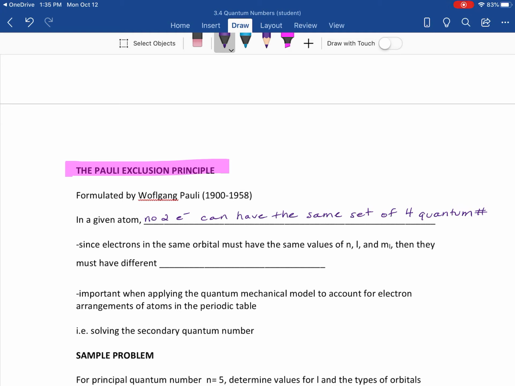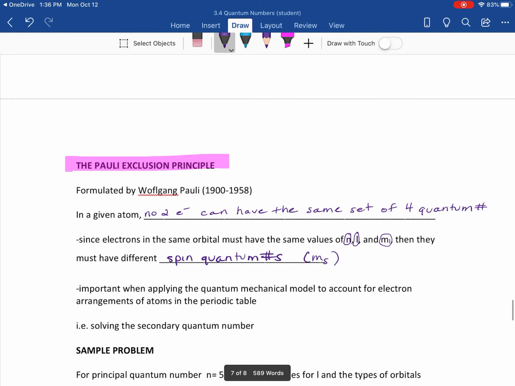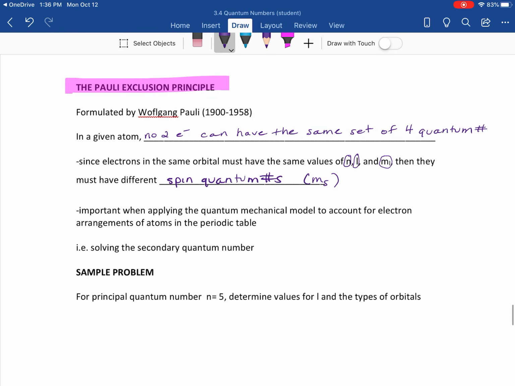Since electrons in the same orbital have the same principal quantum number, so energy level, the same shape, and the same orientation, then they must have different spin quantum numbers, right? So different m_s's. Okay, this is important when we apply the quantum mechanical model to account for how my elements and how my electrons are arranged in the periodic table.